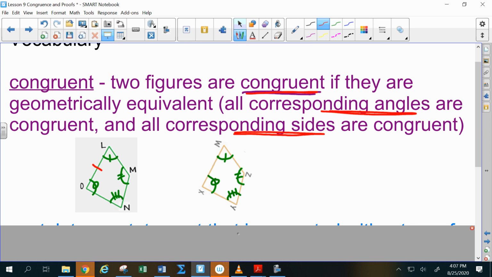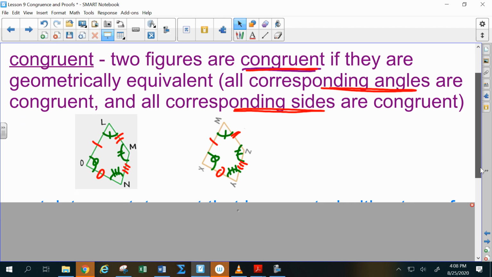So this one was the same length, these two were the same lengths, these three were corresponding sides, they were the same length, and these four also had the same length. So technically, to prove that two shapes are congruent, you have to look at however many angles there are, make sure those all have the same measures, and how many sets of sides there are, and make sure that those all have the same measurements.